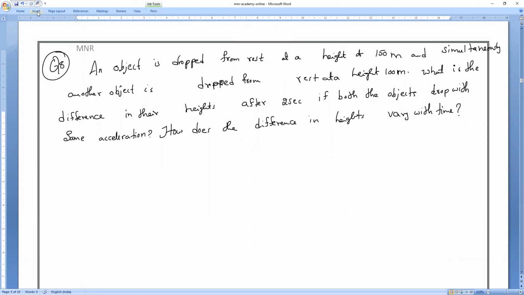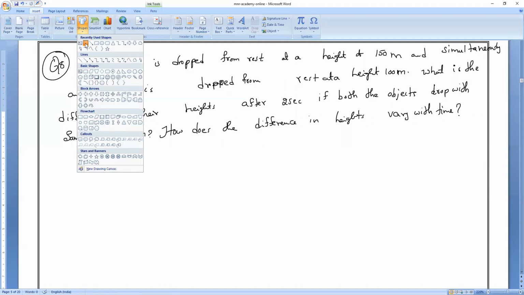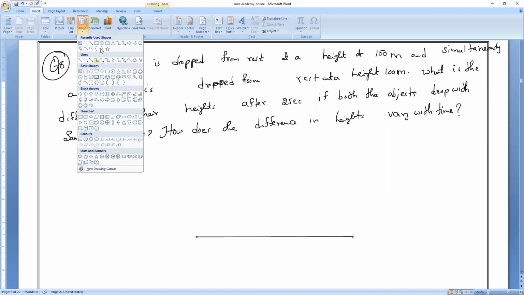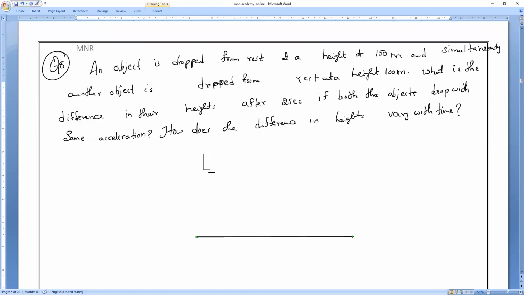Let us, yes, listen now. I am taking a ground. Let me take a ground, that is our imagination. Now from here, I am taking 2 towers. One tower is how many meters, everybody? 150 meters.